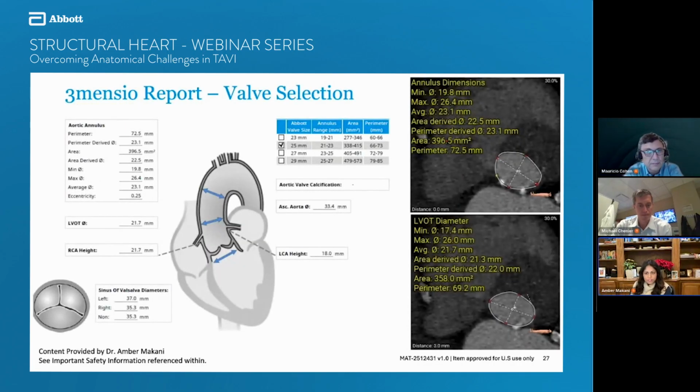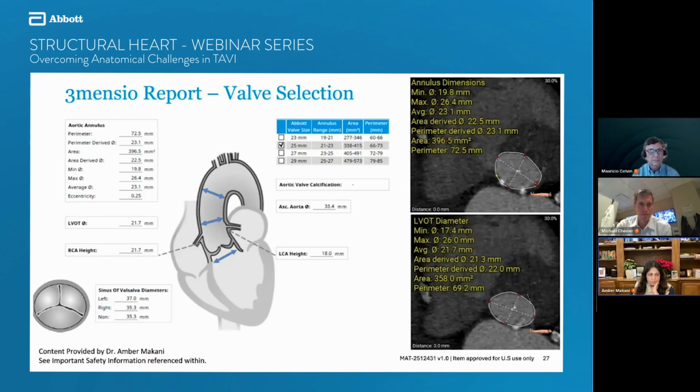So you can see her CT scan here. Her minimum annulus diameter was 20 millimeters, maximum is 26, average was 23, and the area derived is about 22.5. Her perimeter was calculated to be 72.5 with an area of 396. And this makes her a very amenable candidate for a 25 millimeter valve.